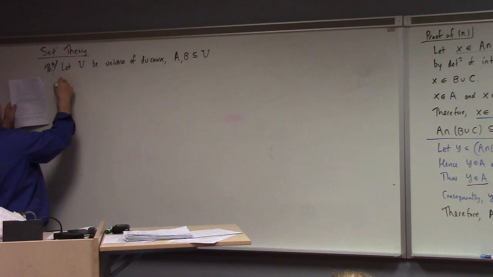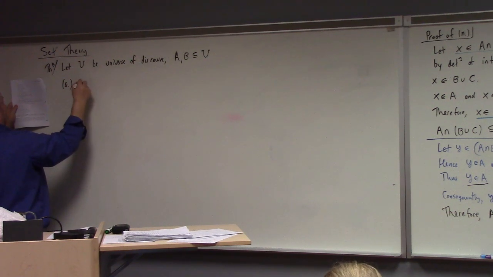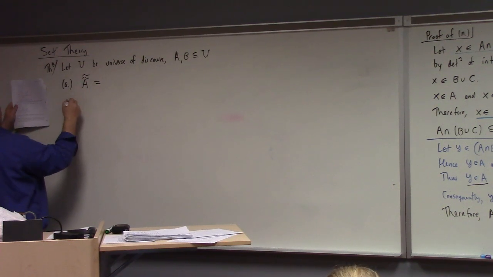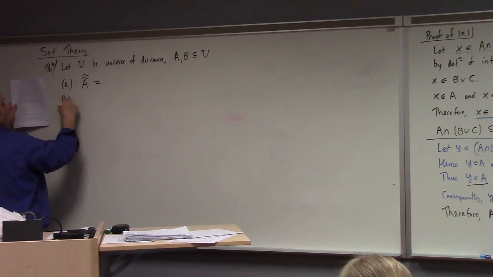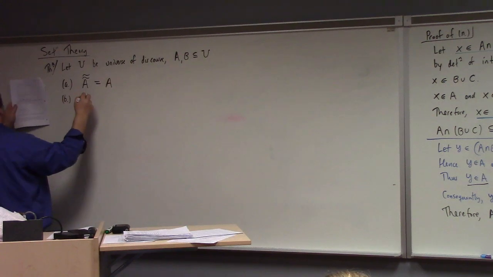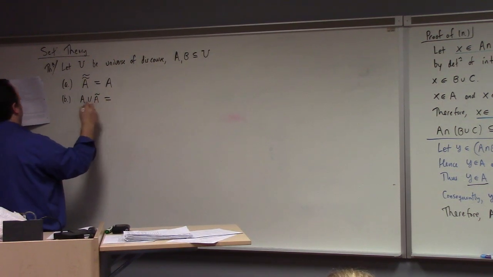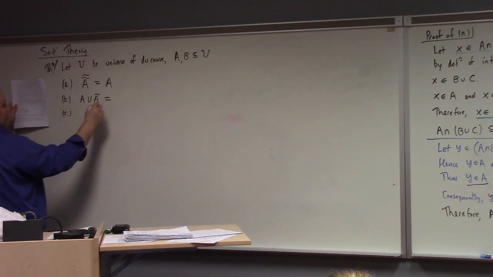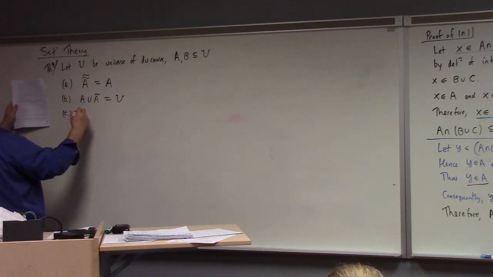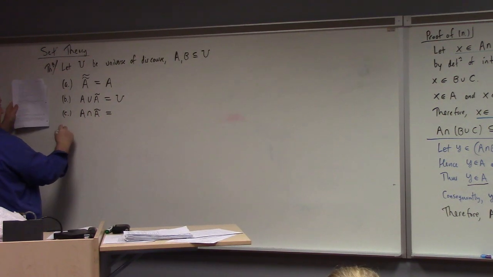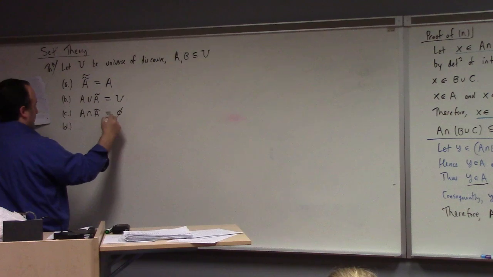Then here are some handy-dandy properties of complement. What's the complement of the complement? I heard an A. Very good. What is the union of a set and its complement? The universe. Very good. What is the intersection of a set and its complement? The empty set. Very good.